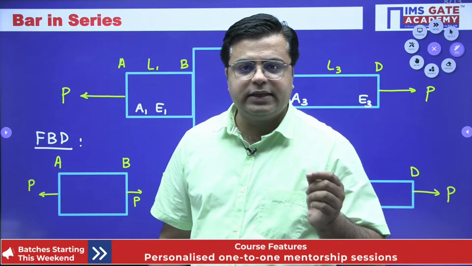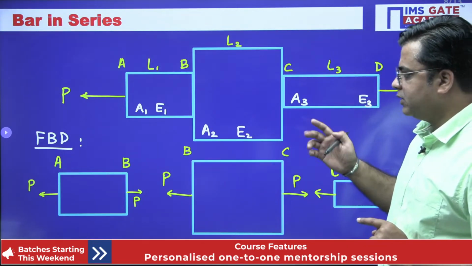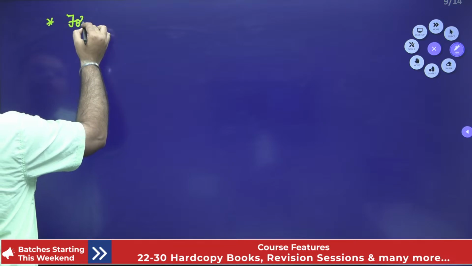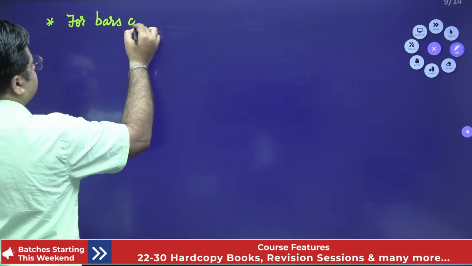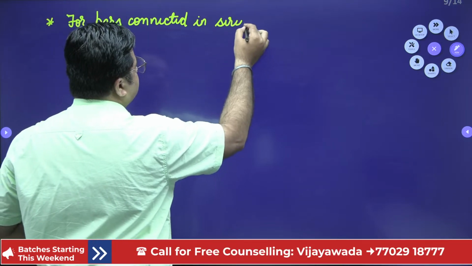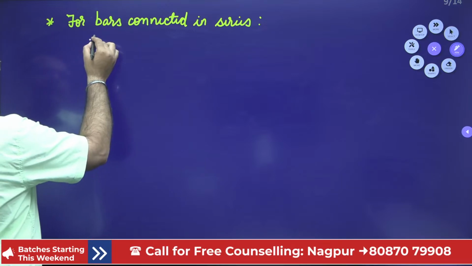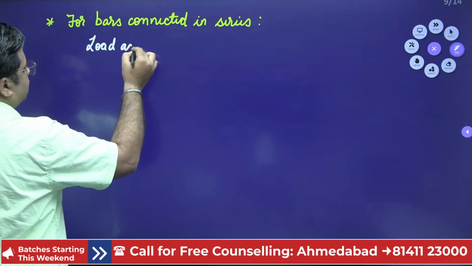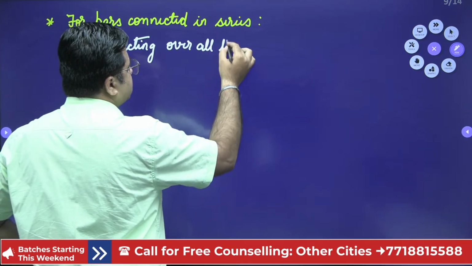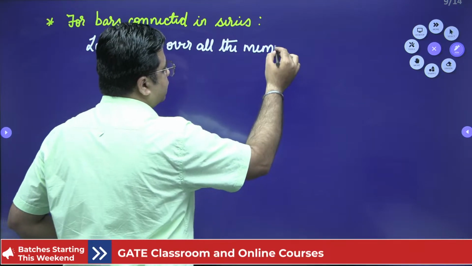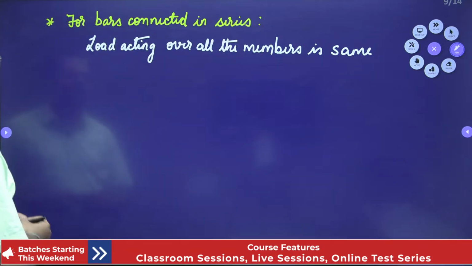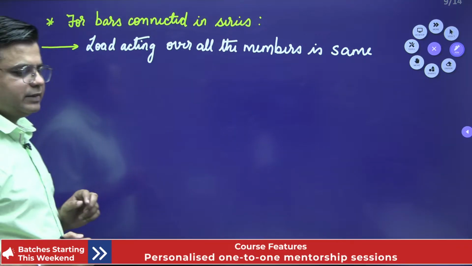So for bars connected in series, the load acting over all the members is the same. Right, so the first observation is that the load acting over all the members is the same.